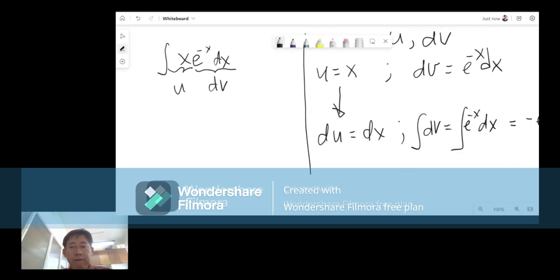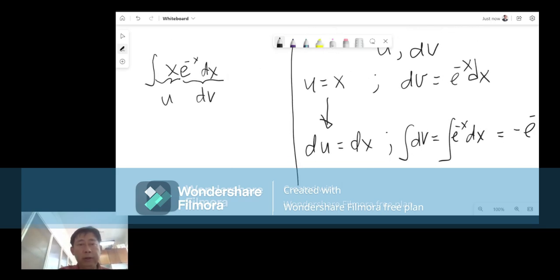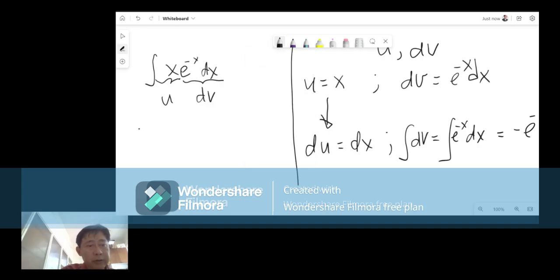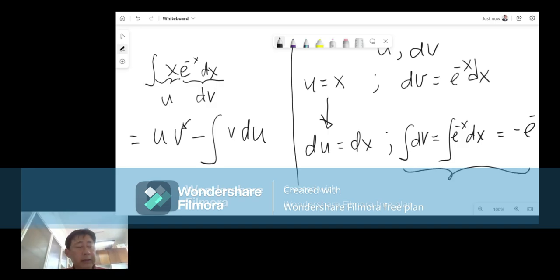Now, once we have obtained this relationship, we can proceed with the integration by parts quite easily. So here you rewrite the integral of u dv as the product of the functions u and v, minus the integral of v du, where the expression of the function v is obtained from performing the indefinite integral on dv.